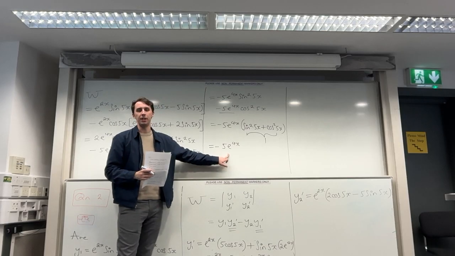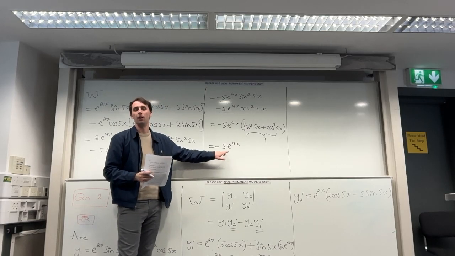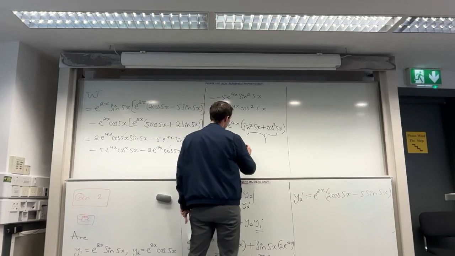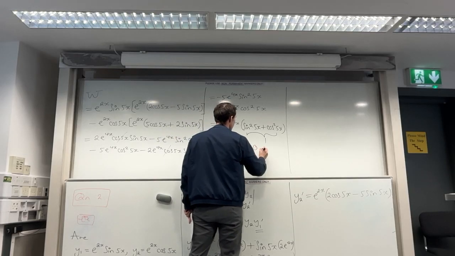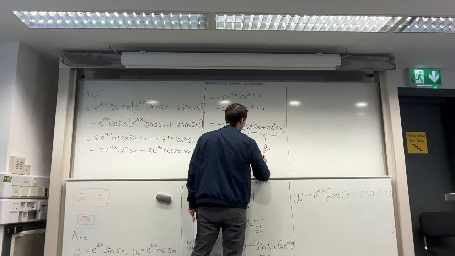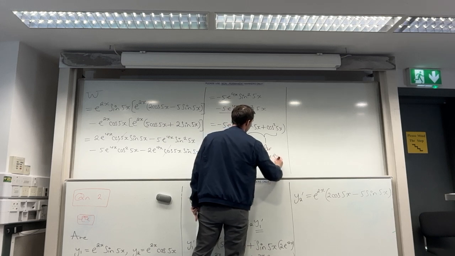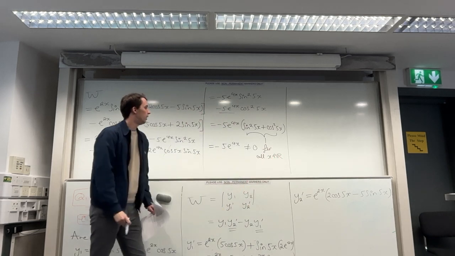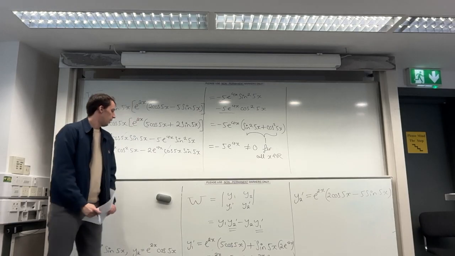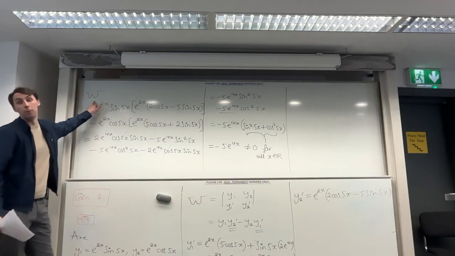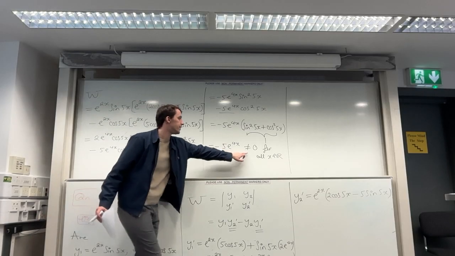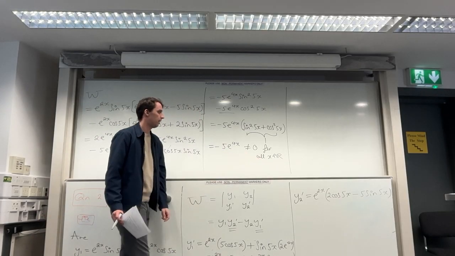Now this expression is always going to be non-zero. This minus 5e to the 4x is non-zero for all real x. In that case, the Wronskian is non-zero for all x.